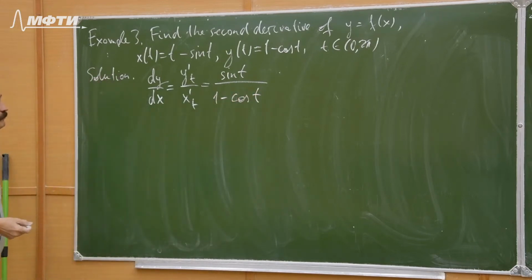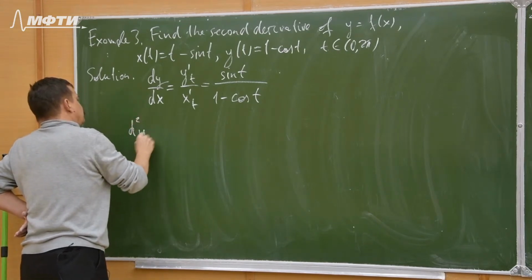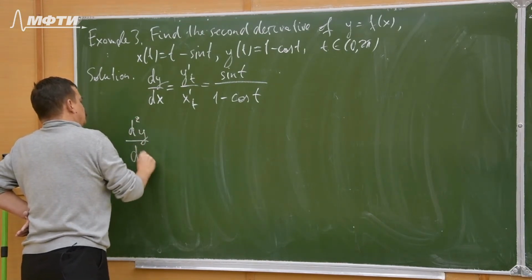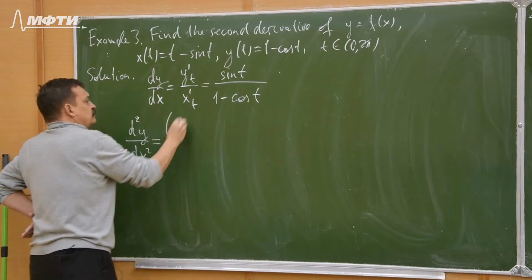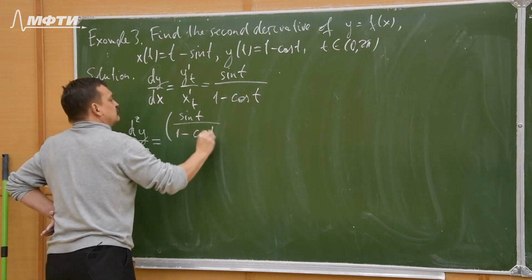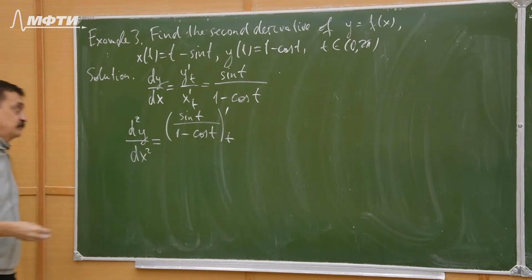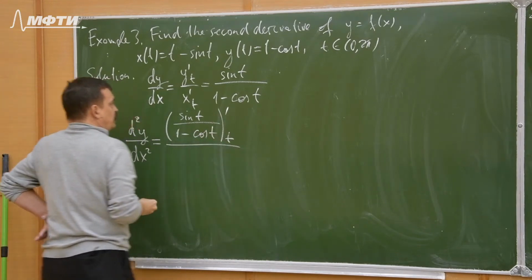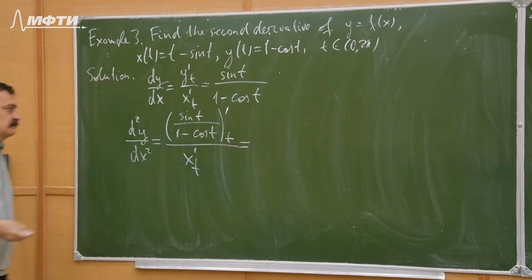And then for the second derivative, we need to find the derivative of the first derivative with respect to t and divide by x prime of t.